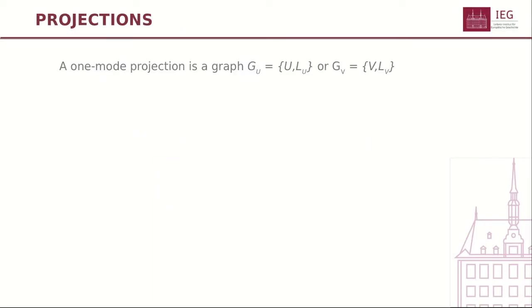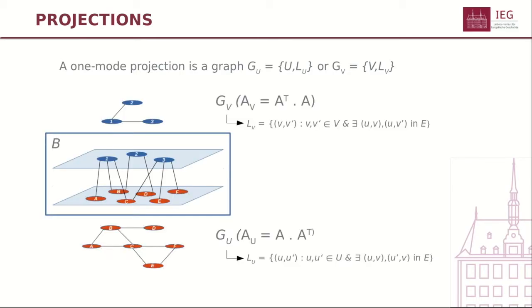A one-mode projection can be a graph G sub U, consisting of a set of nodes U and a set of links L sub U, while it also can be a graph G sub V with set of nodes V and links L sub V. The G sub V projection is also called a top projection, and circles are also called top nodes.